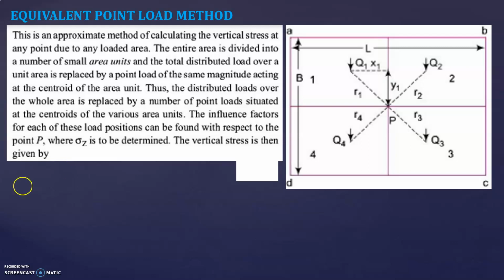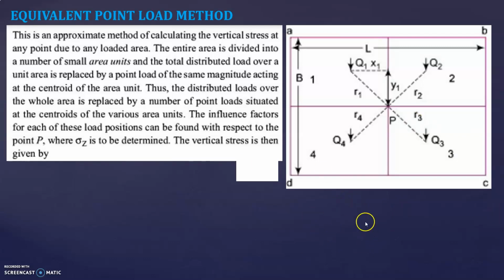In this method, the entire area is divided into a number of small area units and the total distributed load over a unit area is replaced by a point load of the same magnitude acting at the centroid of the area unit. Thus, the distributed load over the whole area is replaced by a number of point loads situated at the centroids of the various area units.